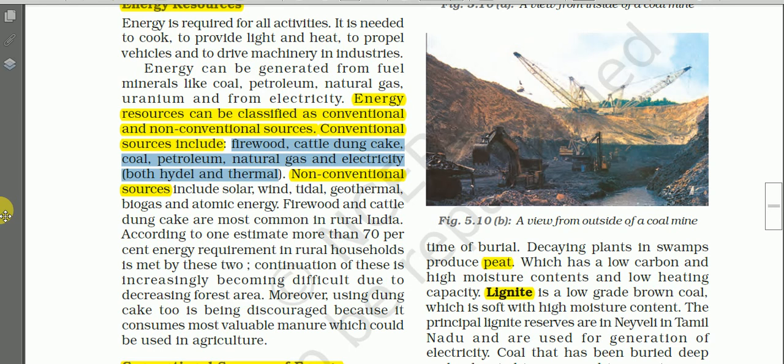So these are examples of conventional sources of energy. And non-conventional sources of energy include solar, wind, tidal, geothermal, biogas, and atomic energy. So we shall discuss it later on.